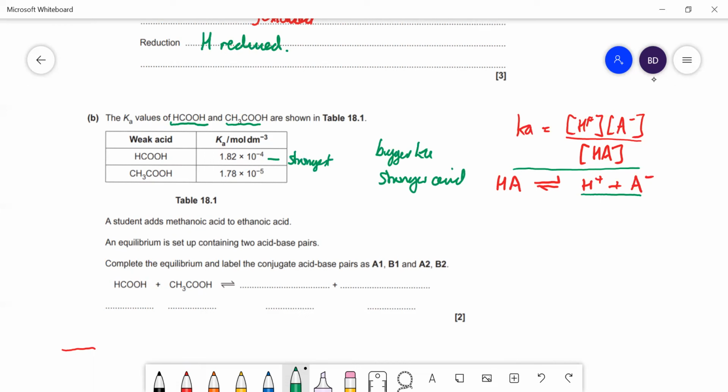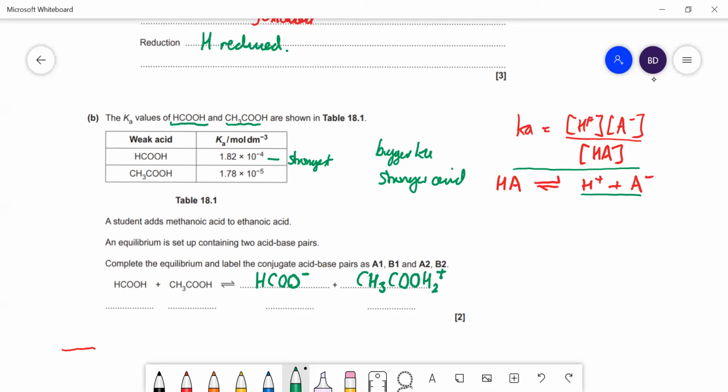So that is going to lose a proton and give a proton to the ethanoic acid. So the equation that's going to happen there is that the methanoic acid loses a proton, and the ethanoic acid gains one. The ethanoic acid is actually behaving as a base there, to form that, we stuck a proton on it.